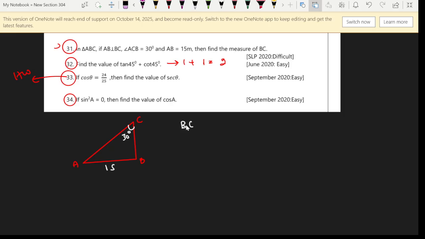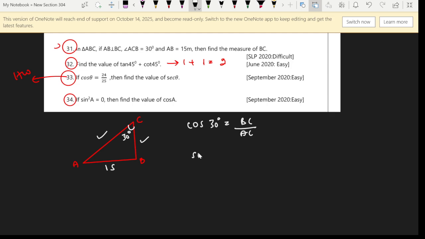BC is there. Adjacent side means cos, so cos is adjacent by hypotenuse, but we don't know anything. If I write the value of cos 30 degrees here, I will get BC by AC. Cos 30 is not going to work in this problem, because I don't know both BC and AC, right?